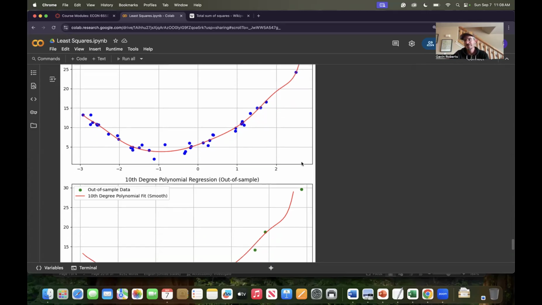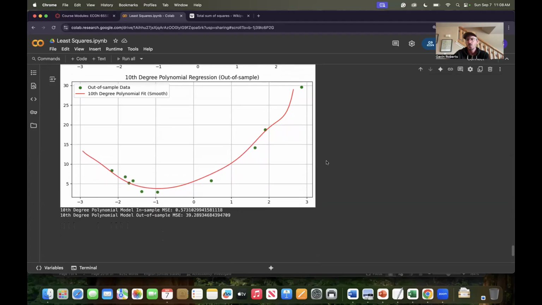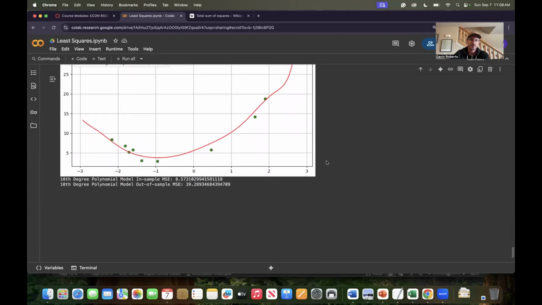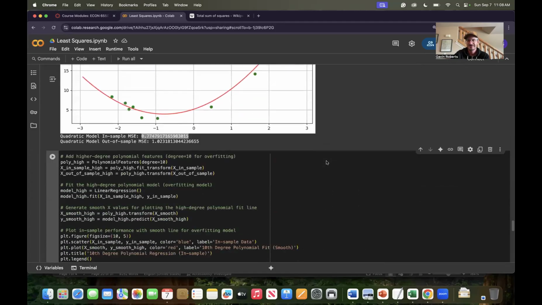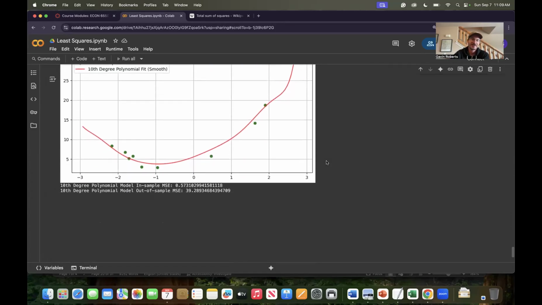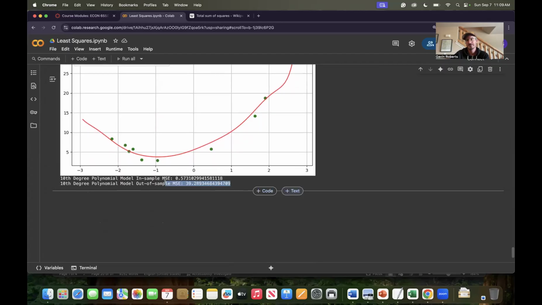Now, one thing I want you to think about is to stare at these graphs. Honestly, this doesn't look like that bad of a fit compared to this. But there is one particular point that's causing this to blow out, and you can probably figure out which one it is. At the very beginning of the lecture, I talked about how what our goal is matters.